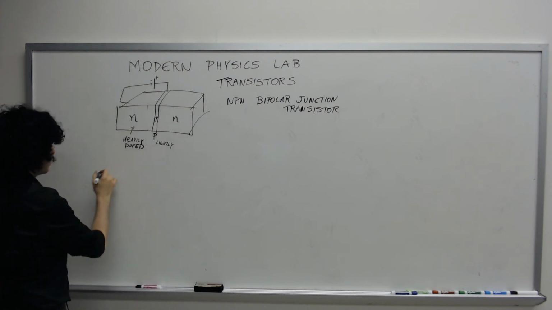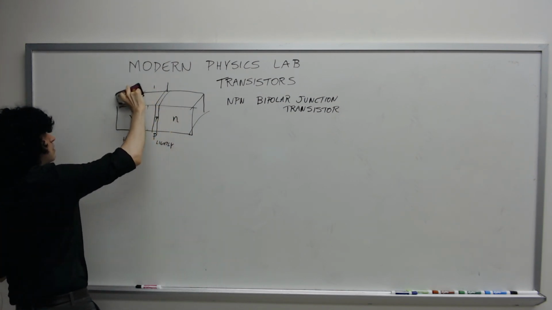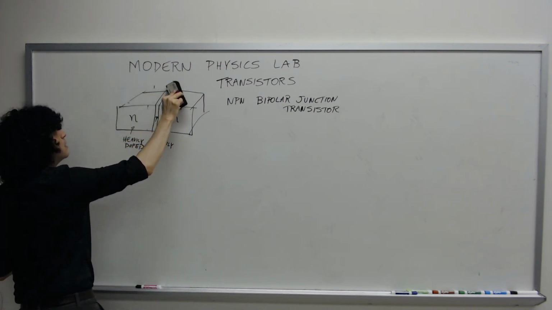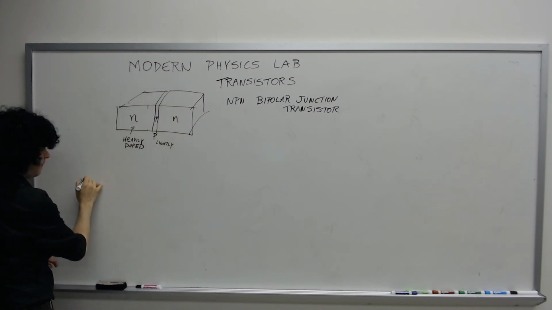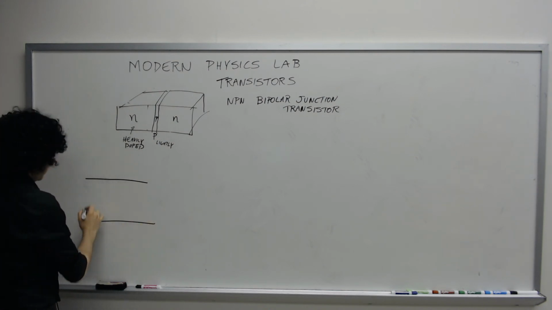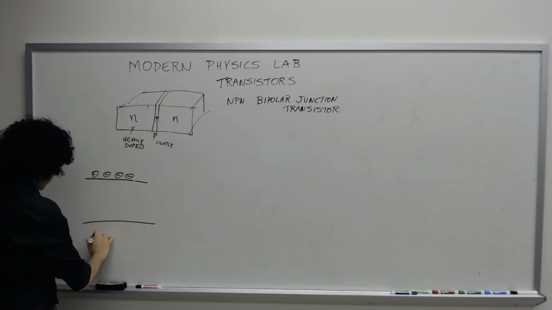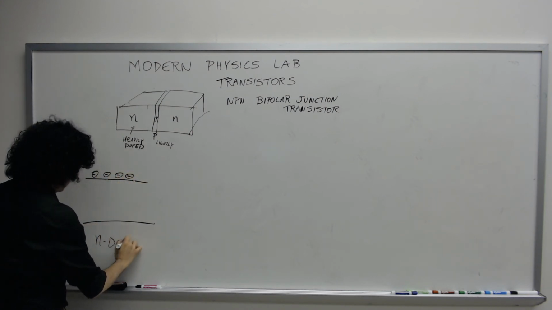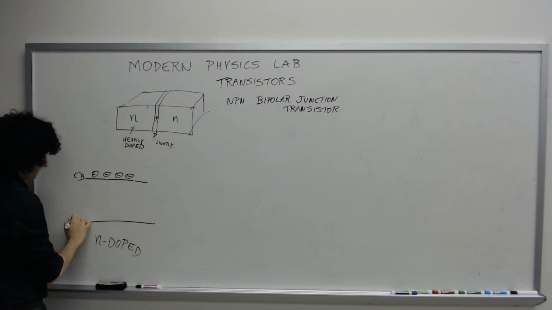The band structure of this device before applying the voltage: if you look at it, I have the N doped side, which has charges, the electrons in the conduction band, and the Fermi level is here.